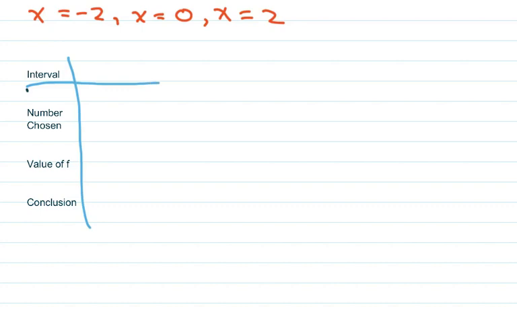So we're going to use our intervals, and I'm going to set them in ascending order. So x equals negative 2, x equals 0, and x equals 2. And I'm going to use these for my intervals. So for this one, I'm going to go from negative infinity to negative 2.